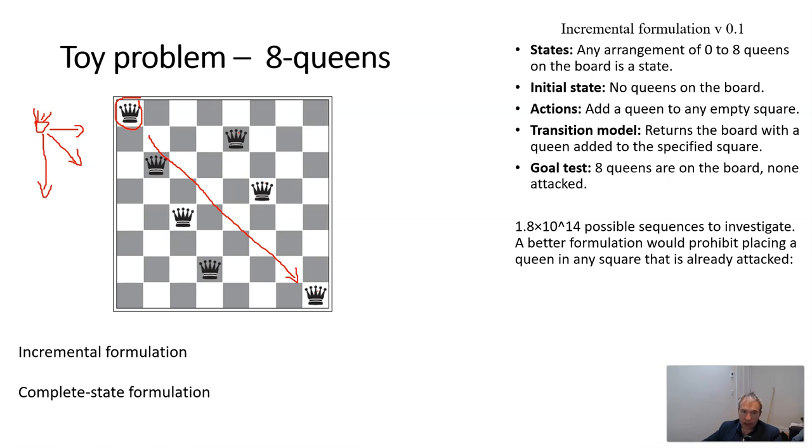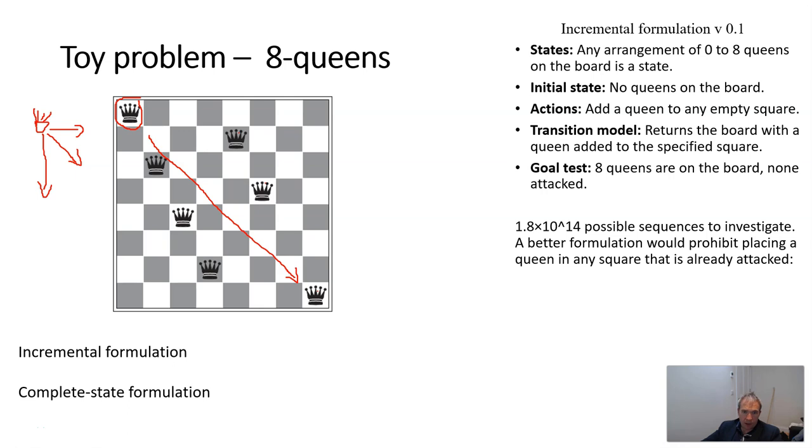The goal test: 8 queens are on the board, none are attacked. So again, this is a more abstract representation of a goal state because we're not taking into account the particular location of each of the queens, assuming that we're adhering to the rules as set out by the goal state.